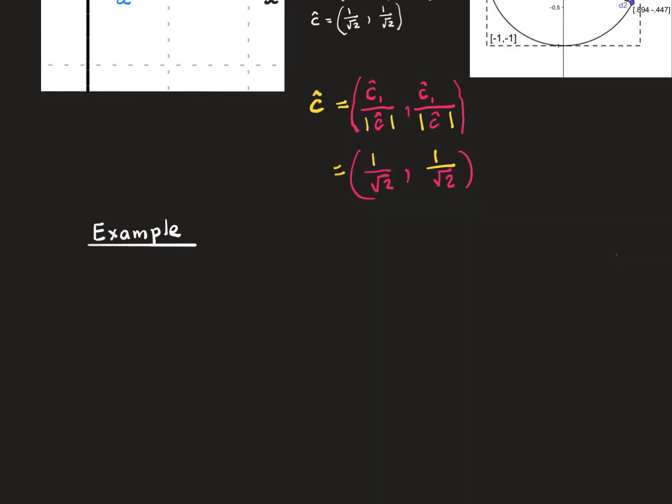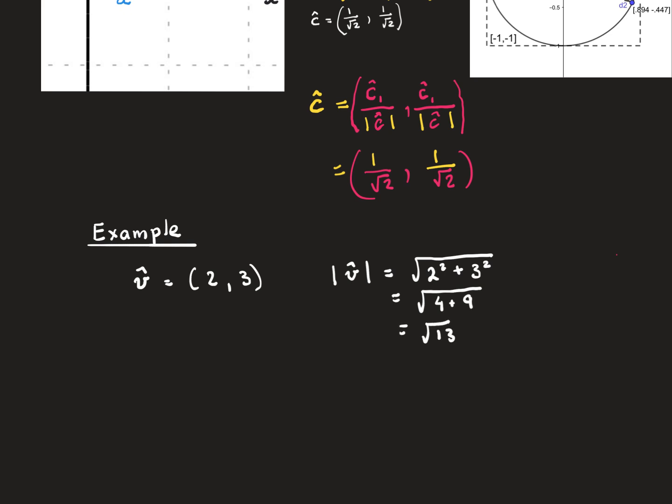Let's look at an example where we have a vector, and this vector is (2, 3). If we find its magnitude, then we will use Pythagoras' theorem, and we'll say 2 squared plus 3 squared, which is root 4 plus 9, and that'll be root 13.